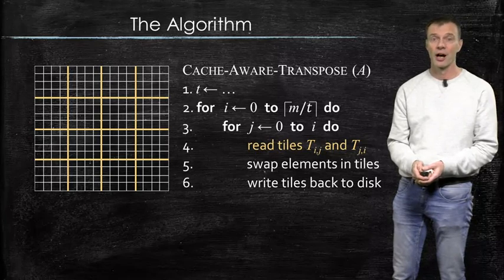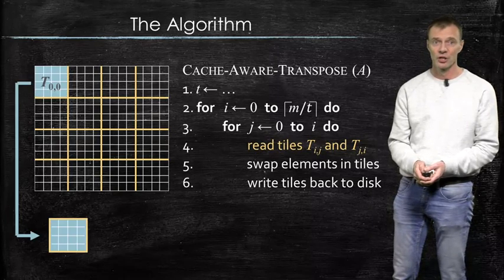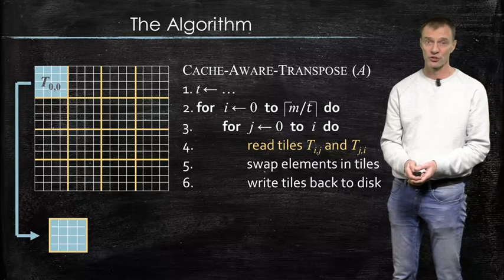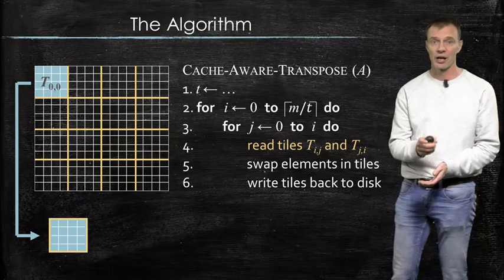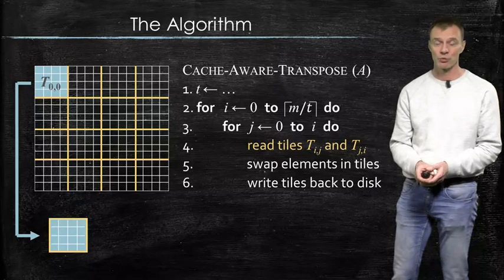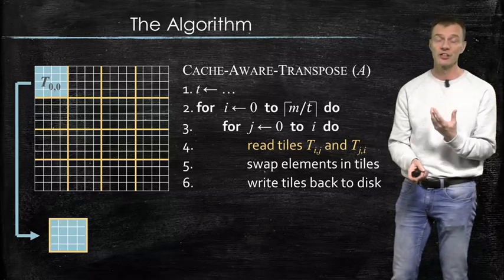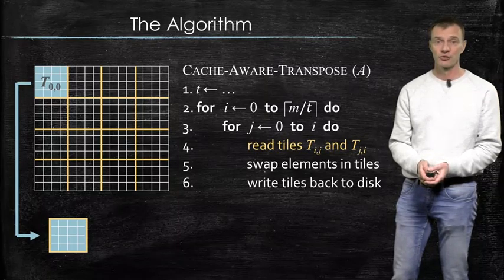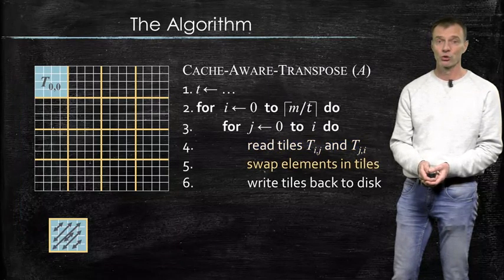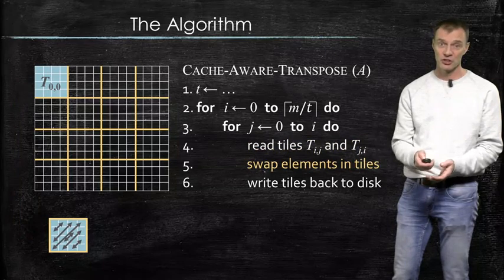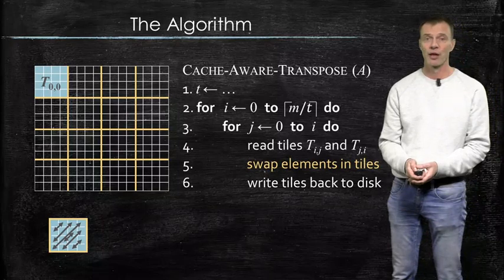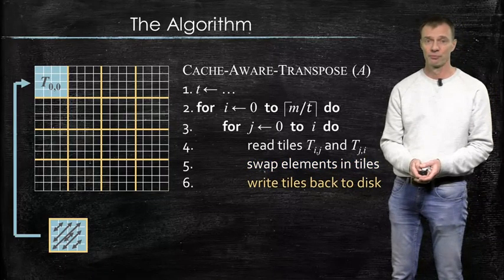Initially i is 0 and j is 0, so I have this particular tile t00. Here i and j are the same, so this pair is actually one tile. I read it into the internal memory, and because of my choice of t, this fits completely. Then I swap everything as is required to get the transpose. After swapping everything, which happens in internal memory, I write it back.